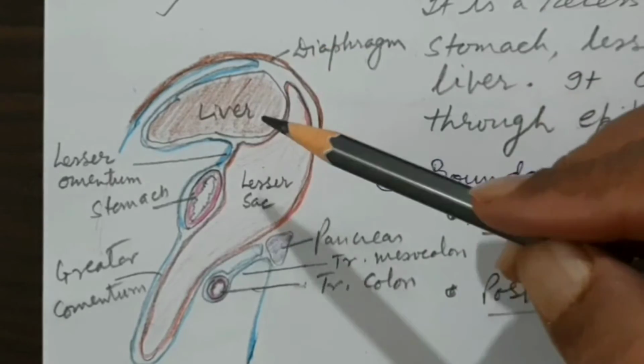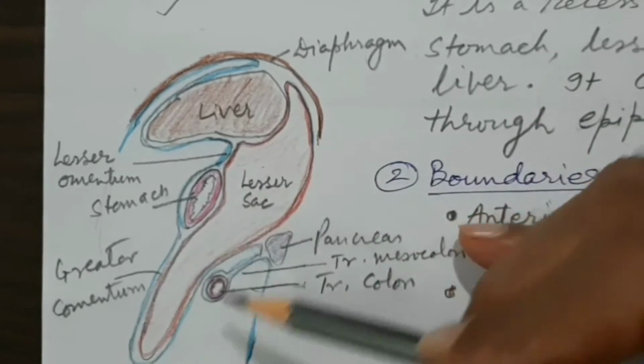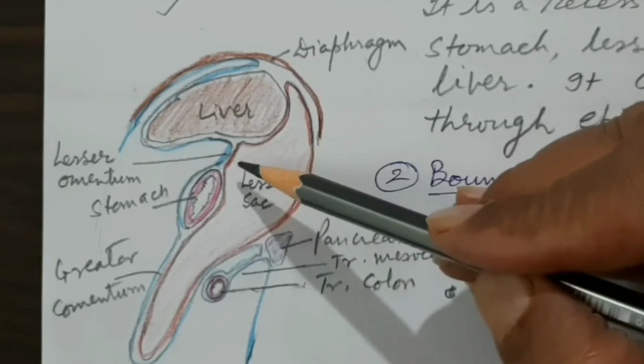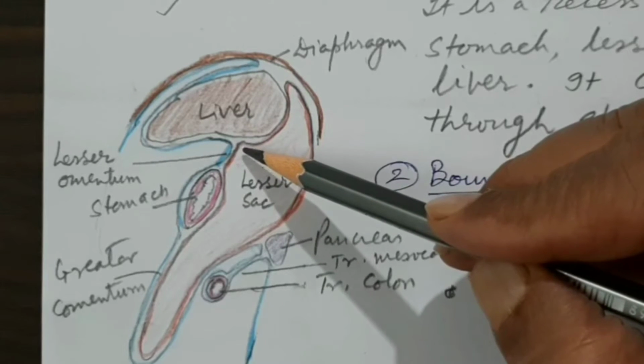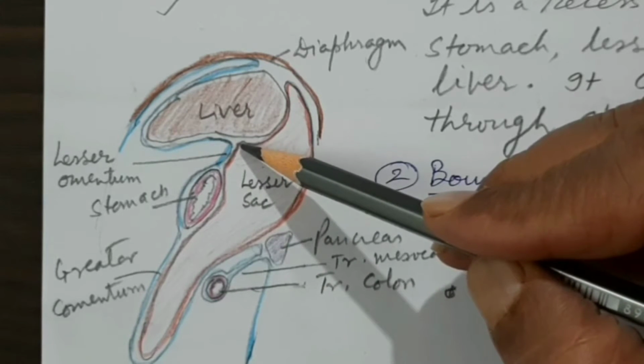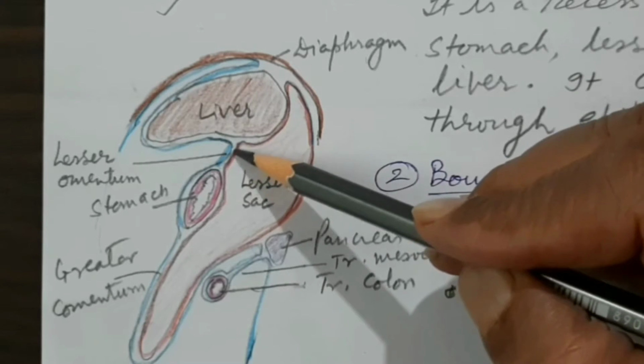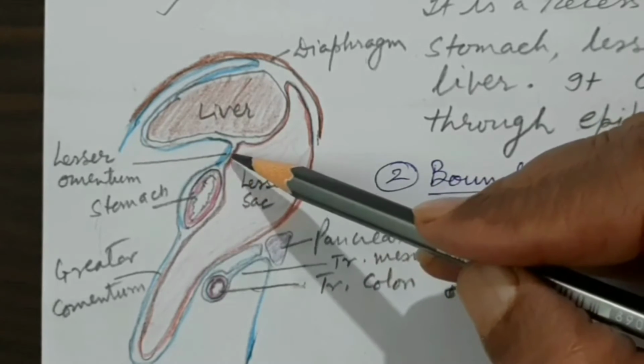This is the reflection. If we see the inner lining of this lesser omentum and start tracing it from the fissure for ligamentum venosum, this forms the other layer of the lesser omentum.